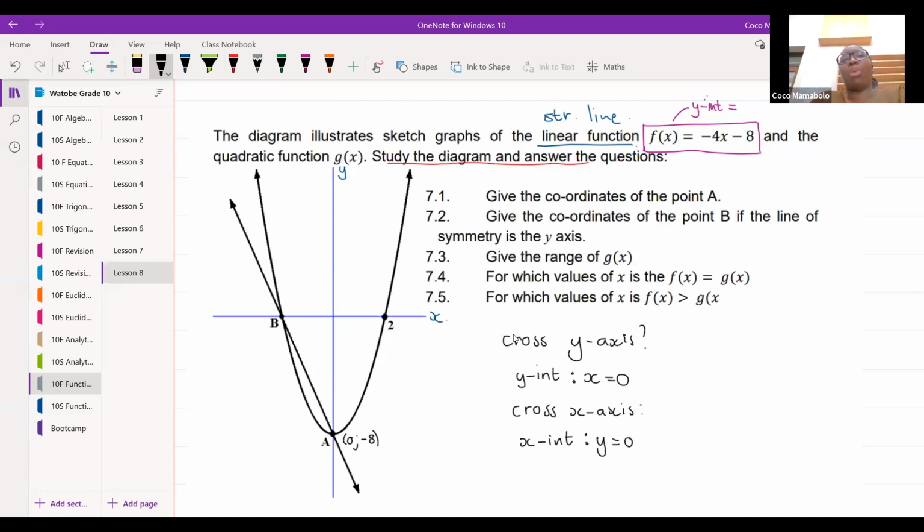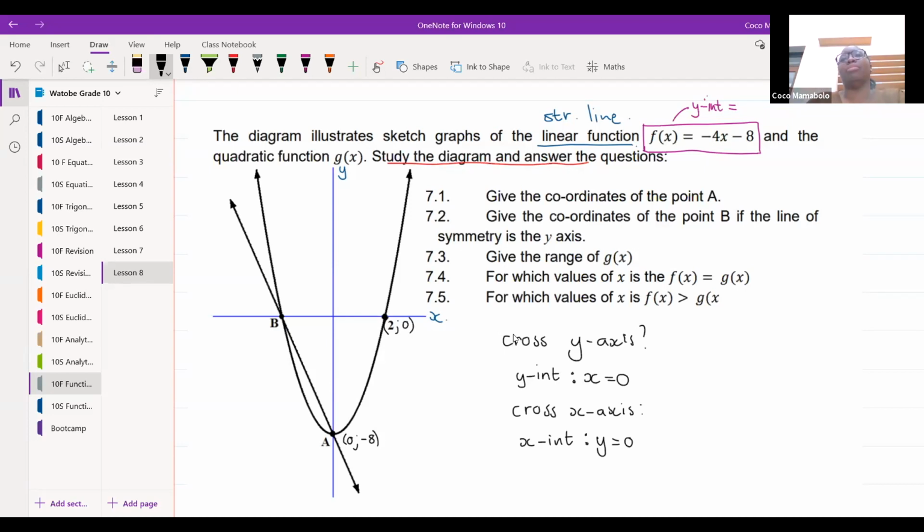So we know that our y value over here at 2 is going to equal 0, right? And what is the point going to be over here at B? If this side is equal to 2 and 0, what will this point over here be equal to?